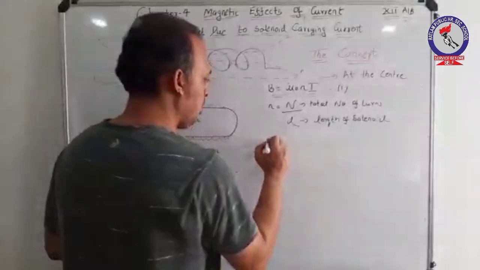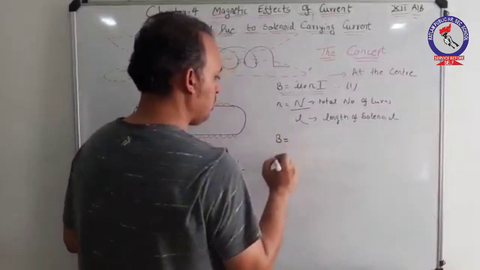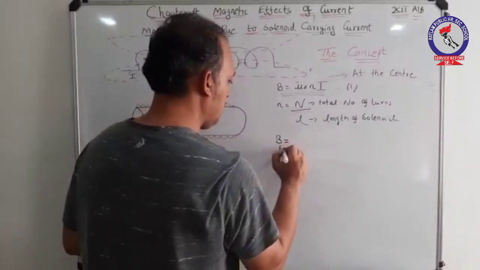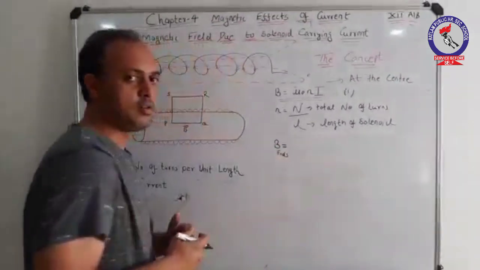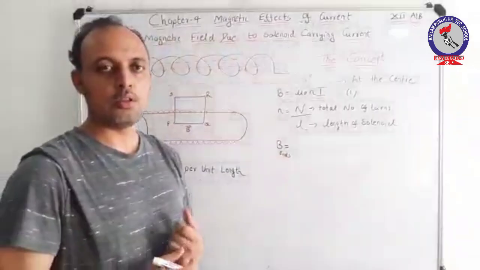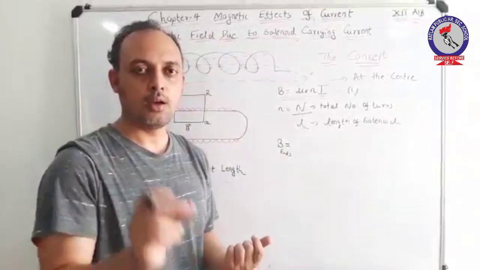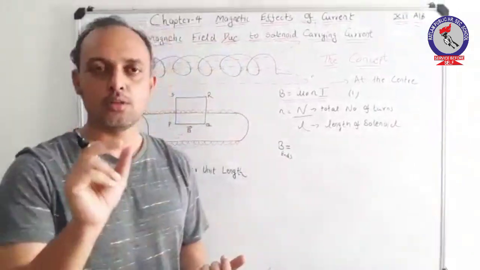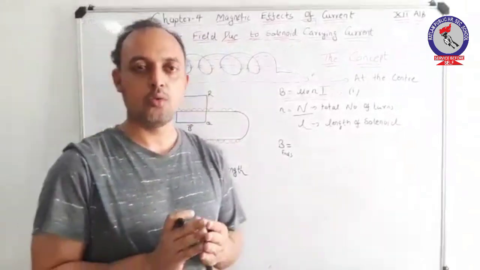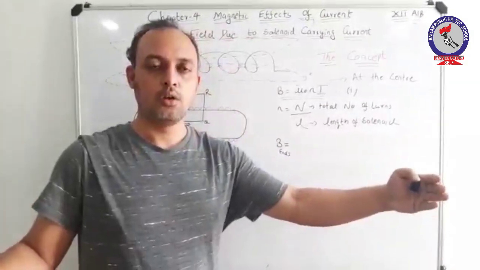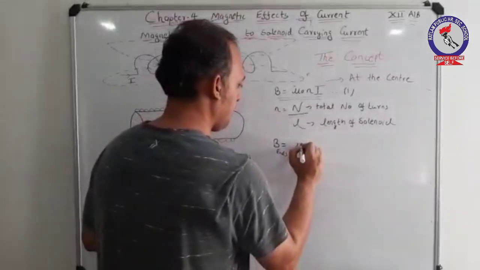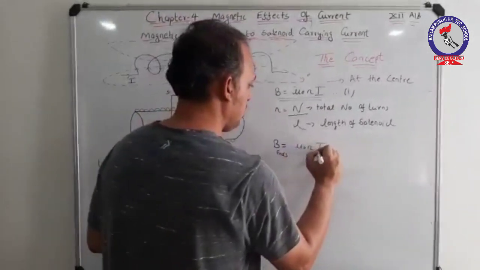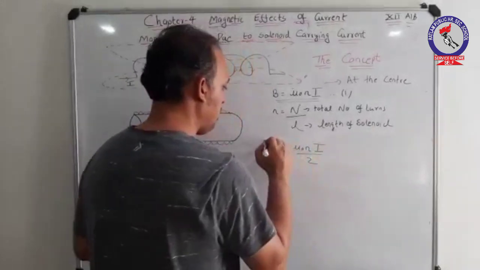That is, if you measure the magnitude of field at the ends, it was observed that the strength of field created well inside, or you can say the center of the solenoid, or towards the ends of the solenoid, is a bit different. By how much? Mu naught n i by 2.